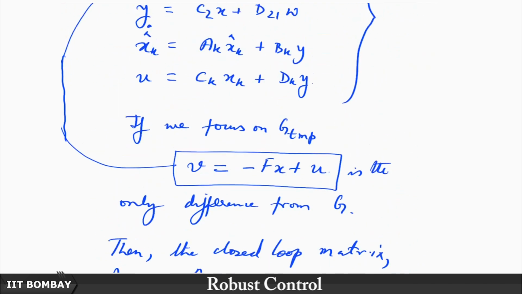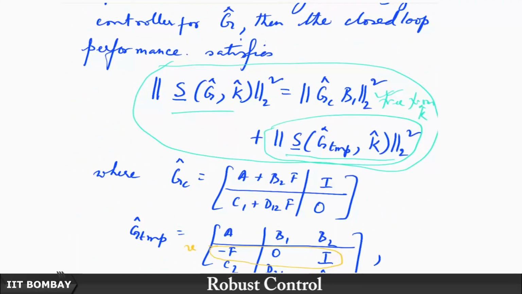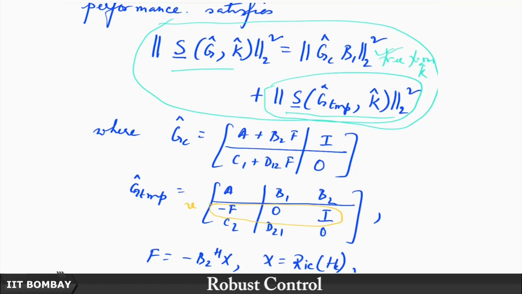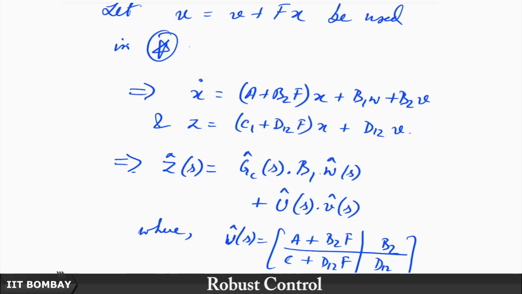Notice this G_C that we have defined in the statement of the theorem here, this is exactly what G_C is. And now this G_C is exactly what is also capturing our relation between W and Z. Notice that there is no W related term here in this Z equation. So, therefore, the D corresponding to W is 0. So, if I write the packed matrix notation for the transfer function between Z and W, what will it contain?